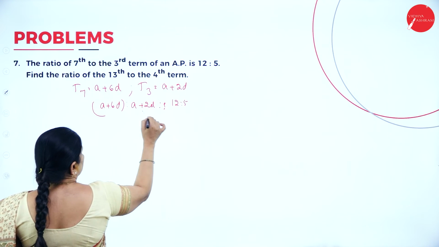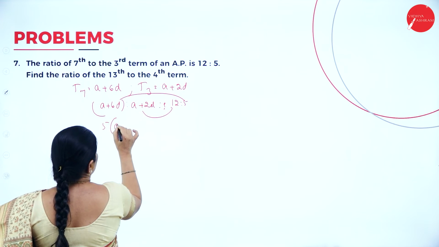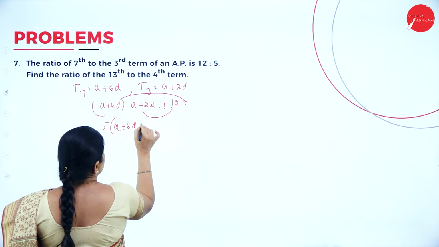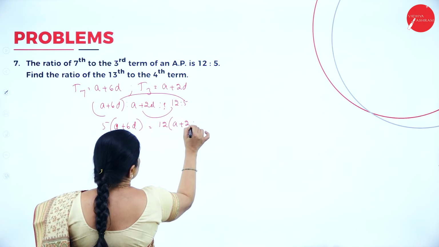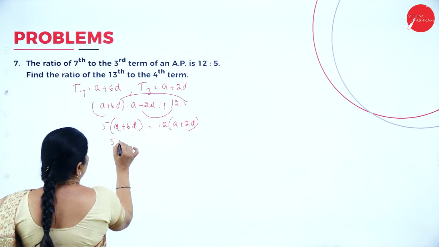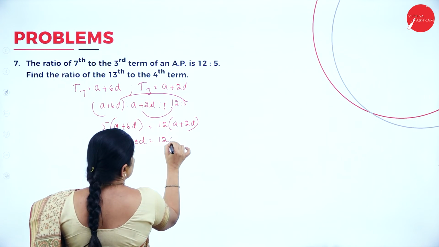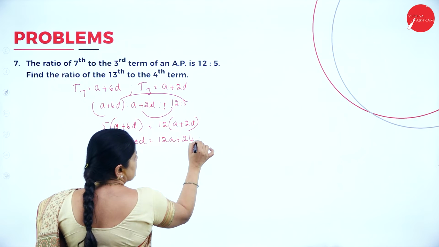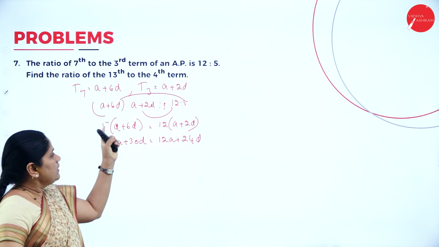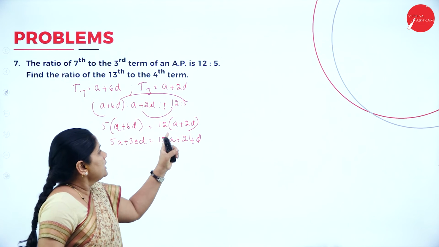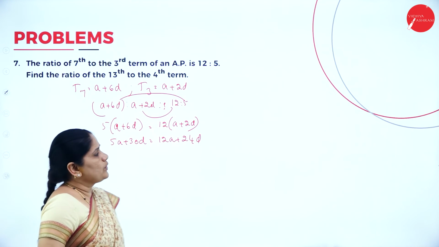Now we multiply these two values. So 5 into (A plus 6D) equals 12 into (A plus 2D). So 5A plus 30D equals 12A plus 24D. So 5 into A, 5A, 5 into 6, 30D, then 12 into A, 12A, 12 into 2, 24D.